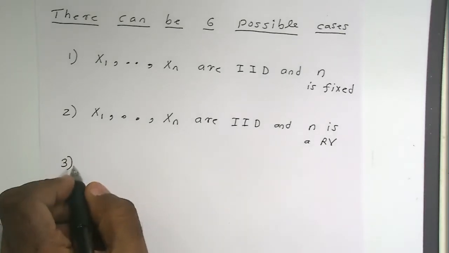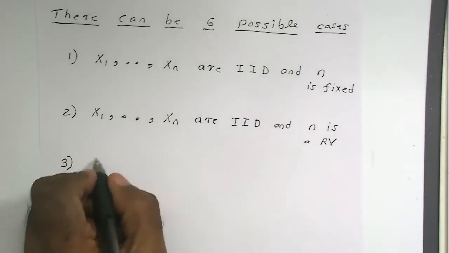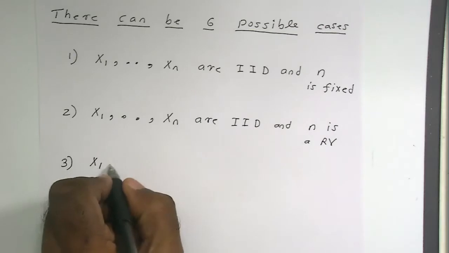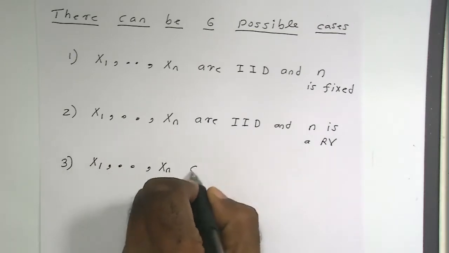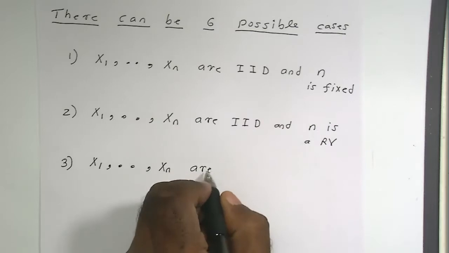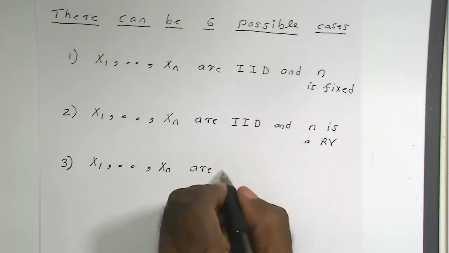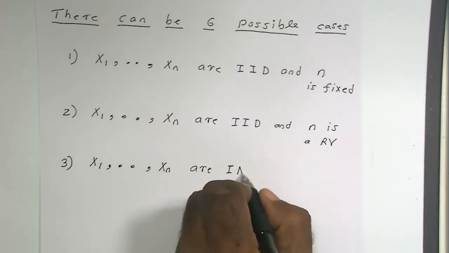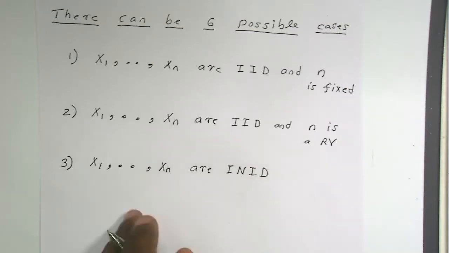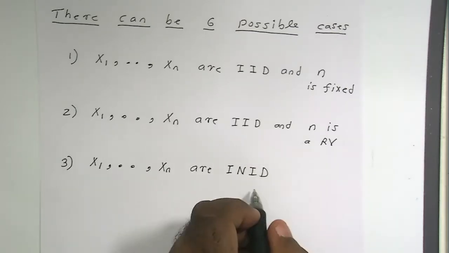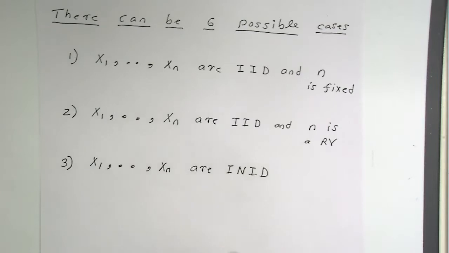Case 3, I and ID means the following. I'll explain in a minute what it means.